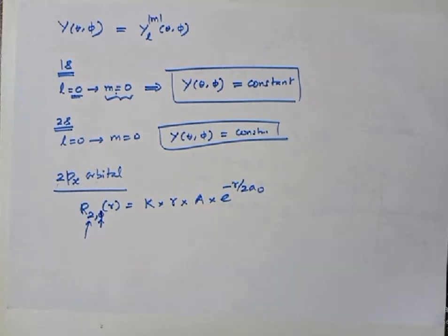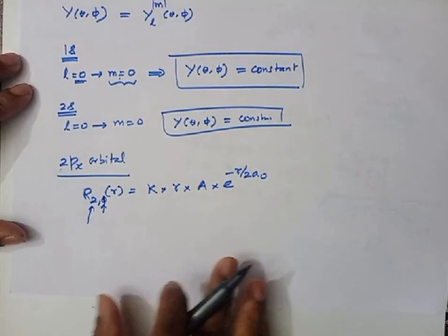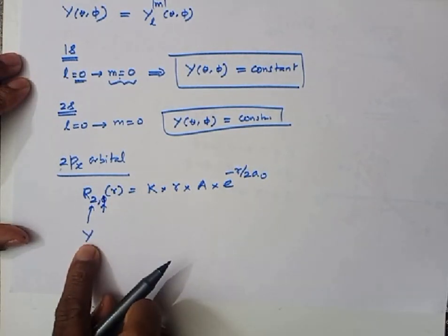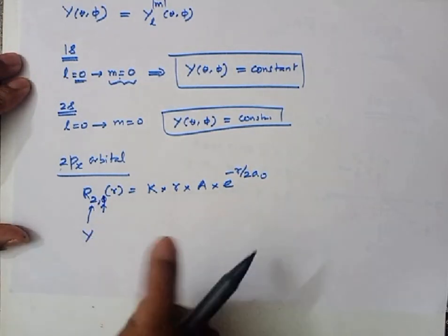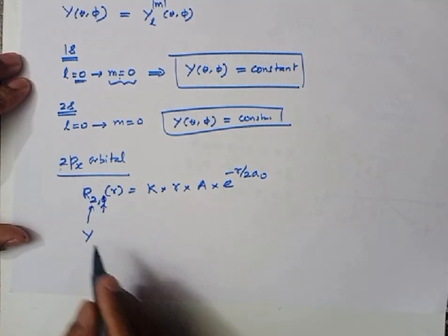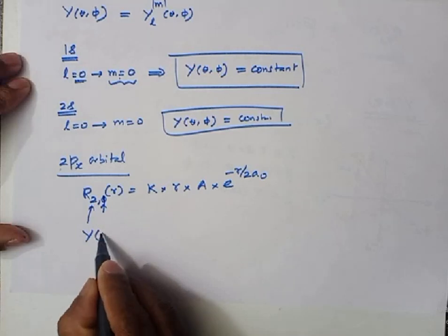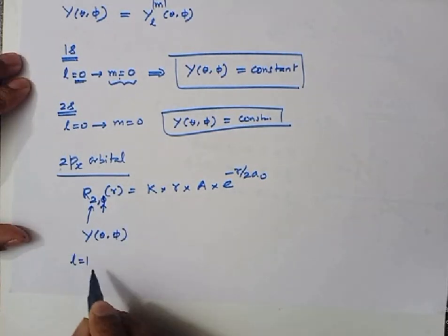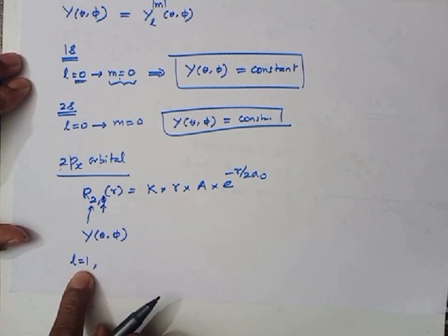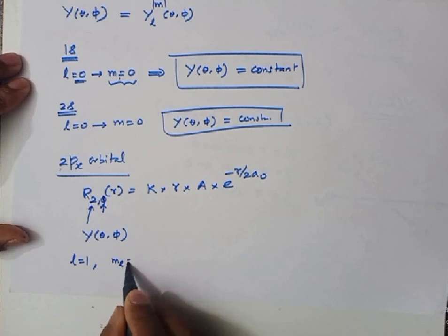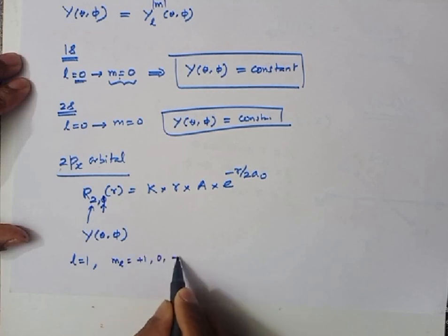This we know. Now I am going to focus on the angular part. For the angular part, we require the l value and the m value. What's the l value? 1, sir. The l value is 1. Correct. If the l value is 1, we get 3 possible ml values, right? What are the ml values? Plus 1, 0, minus 1.